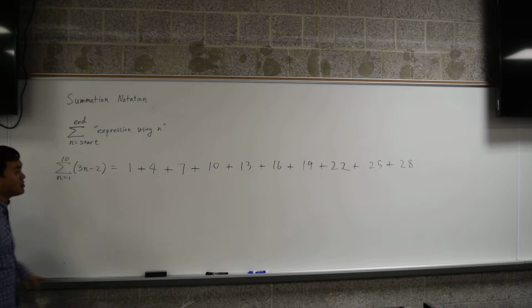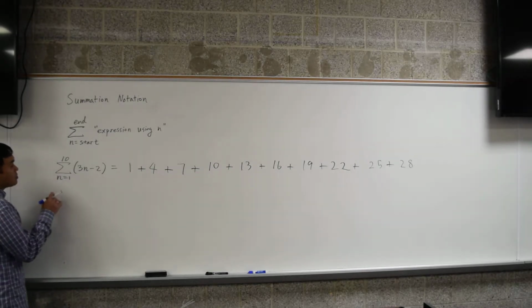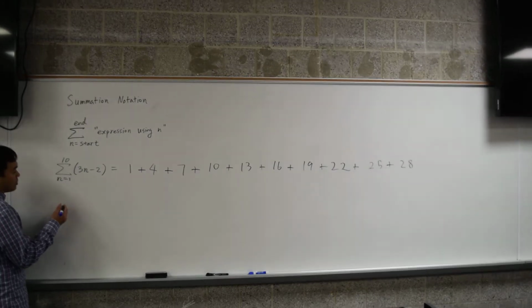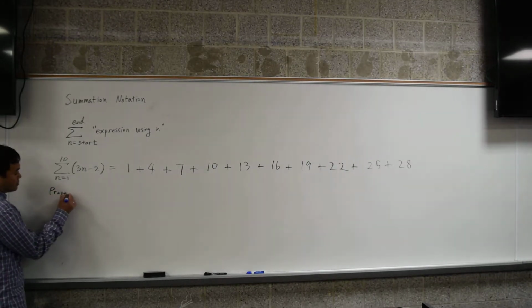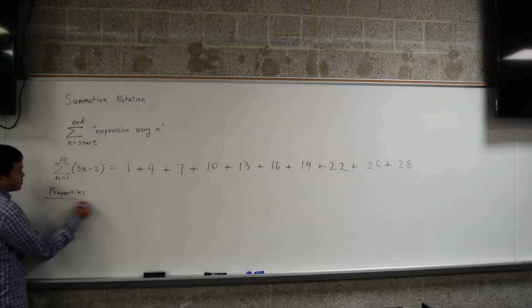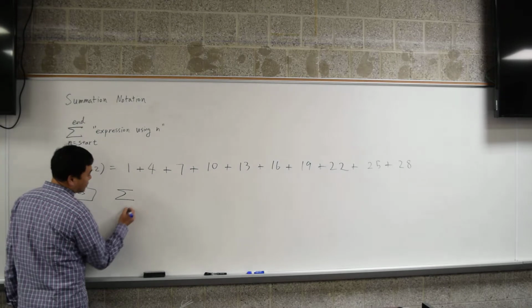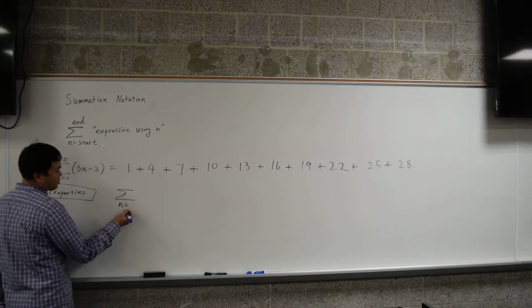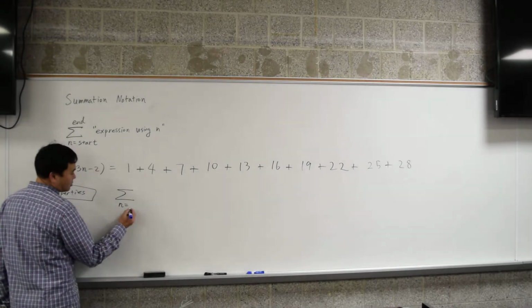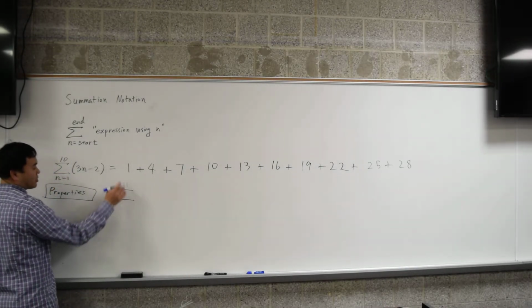We still have 5 minutes, so let me show you some examples, some properties of the summation notation. Okay, properties. Say n equals, well, I don't even want to write this down, so let's say you have some numbers here and there.